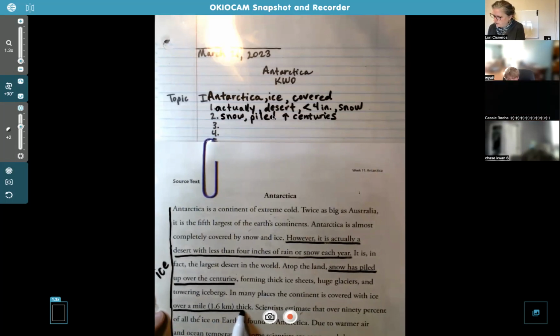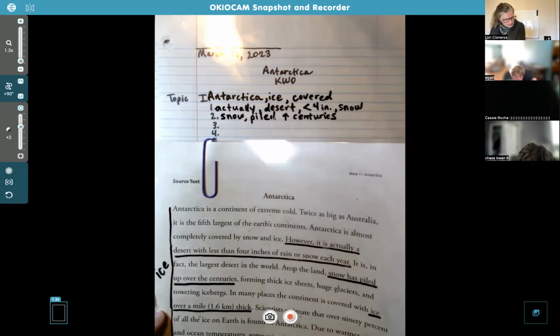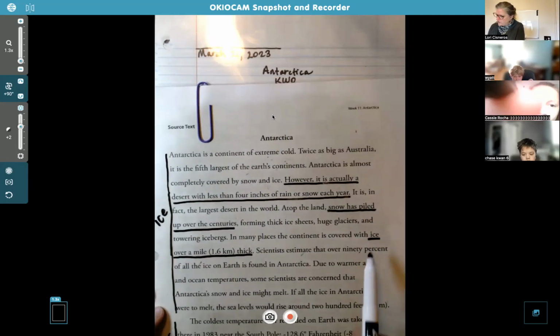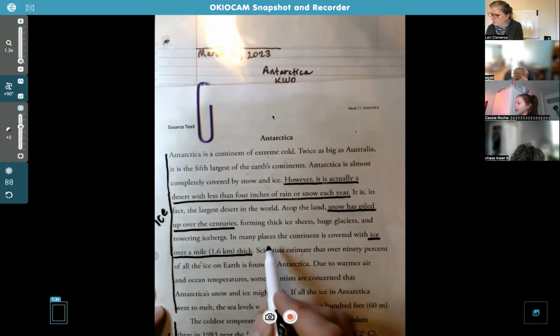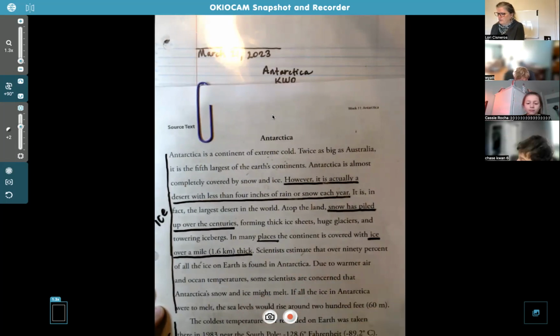Let's underline ice and over a mile thick. I wonder if we need that word places too. In many places, the continent is covered with ice over a mile thick. That's the next fact. I think that would be good to put on our outline.